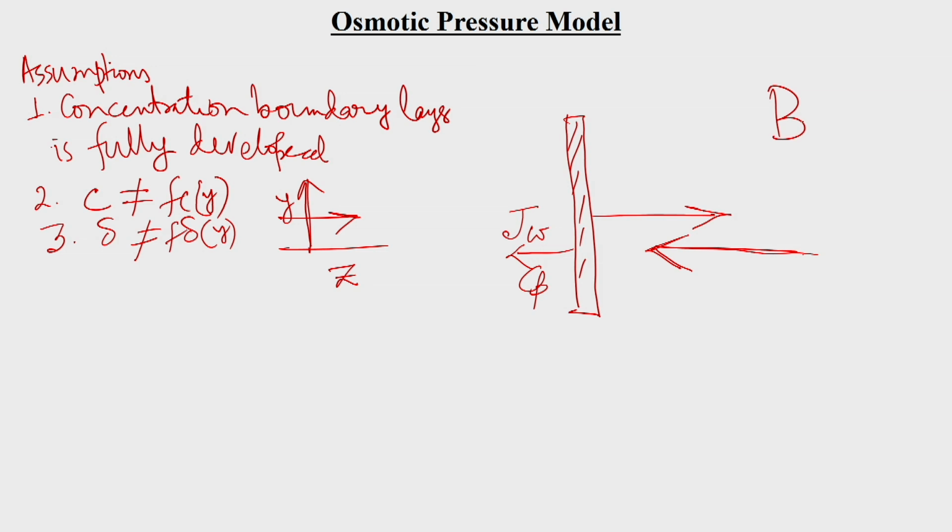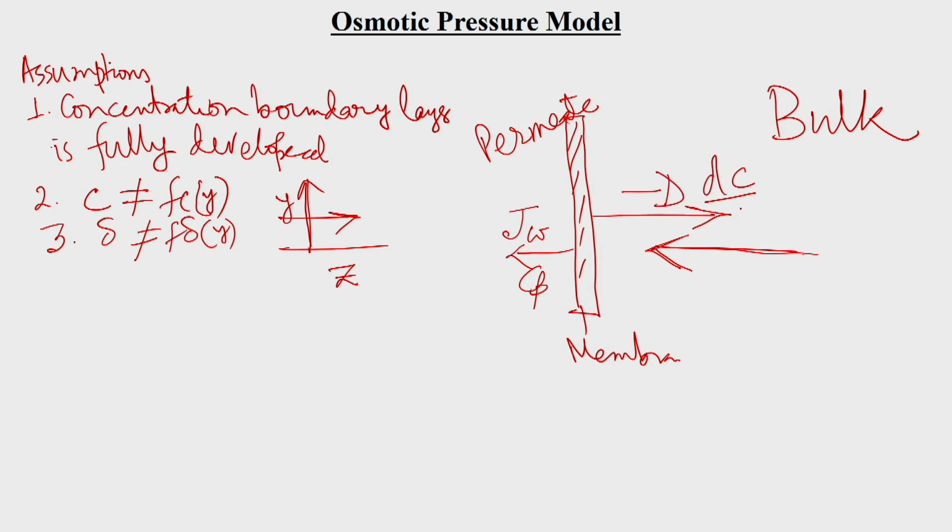Suppose this part is the bulk, this part is the permeate side, and this is the membrane. That back-diffusing amount is given by D dC/dz, and it will be going back to the bulk again.